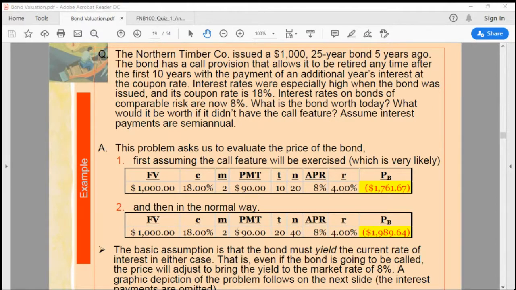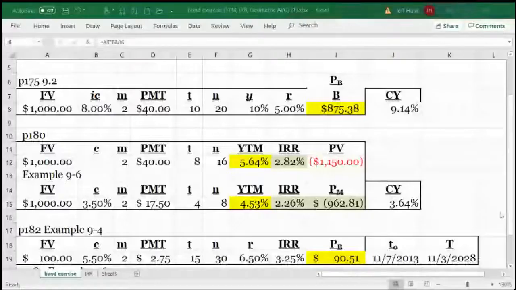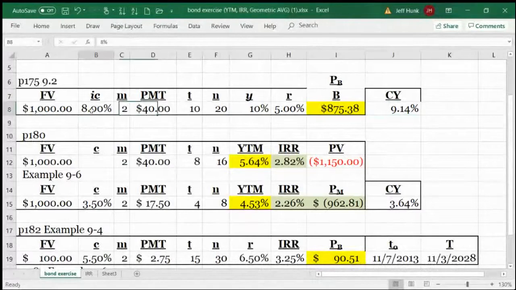Okay, I'm going to stop sharing that, and I'm going to share Excel. Alrighty, here we go. First, the coupon rate is 18%. Let's just continue to use this one, 8%.